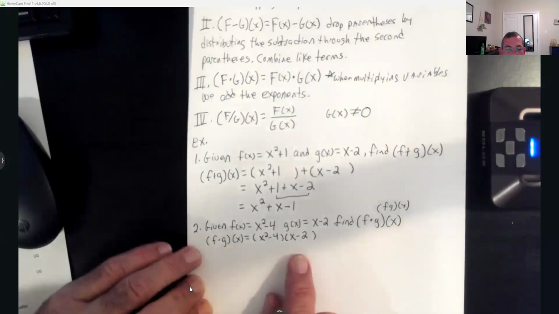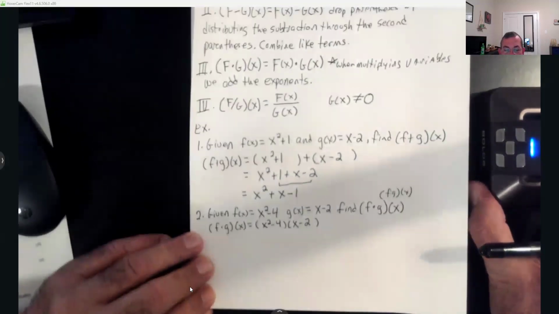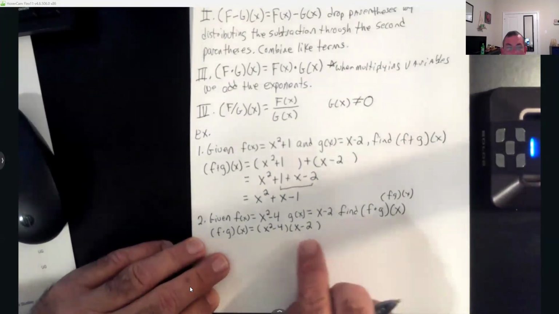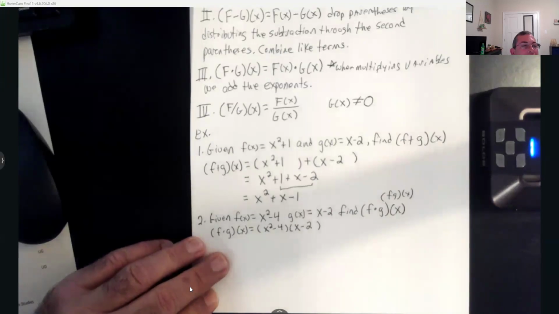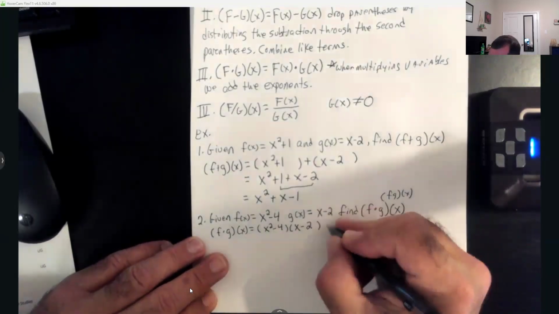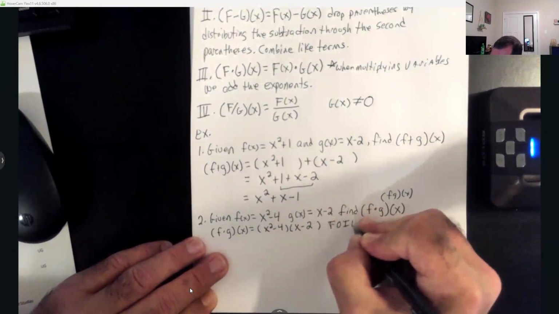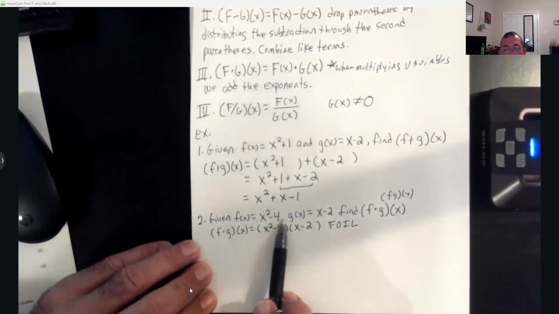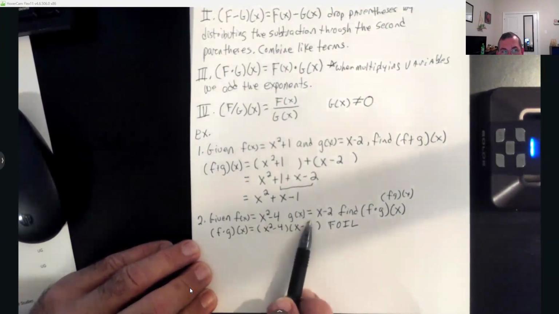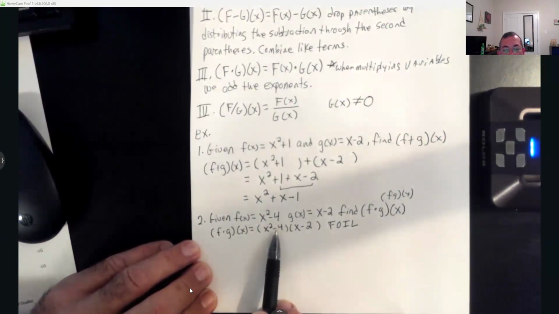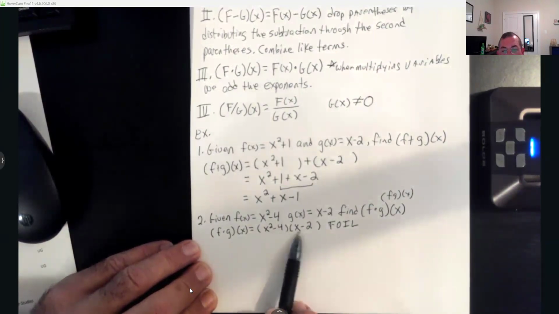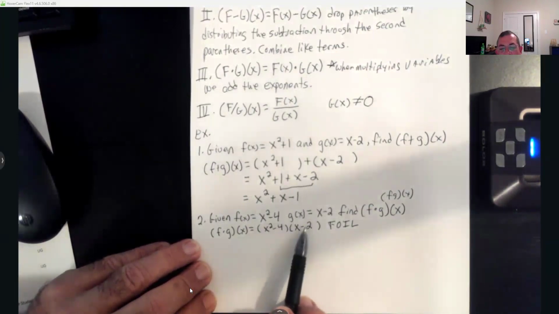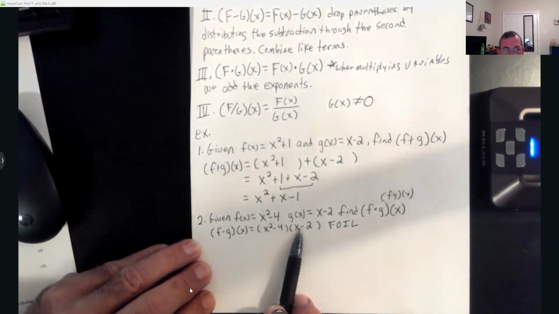How would we multiply this thing? So this is where we would definitely, what you got, Jackson? Foil, definitely. We would foil this. So we would take the x squared and distribute it through the second parentheses. Then we'll get the negative 4 and distribute it through the second parentheses. Both of these have to multiply by both of these, okay?